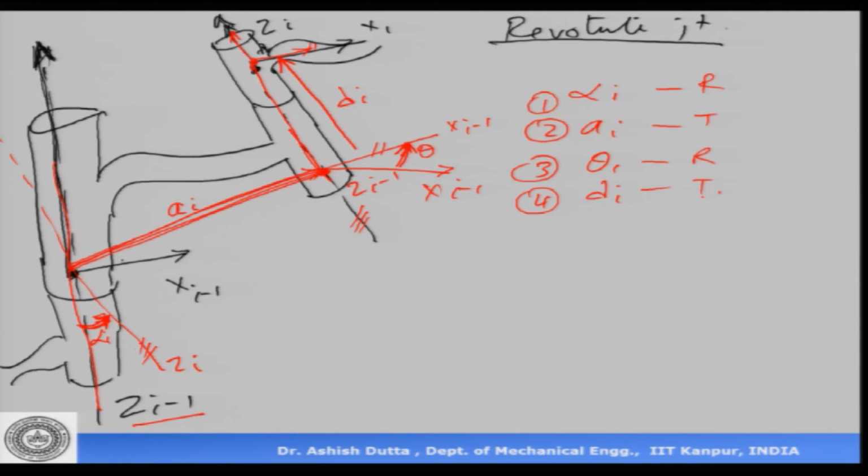So, each of these would be a 4 by 4 matrix. We can represent each of these by a 4 by 4 matrix, and if you multiply all these 4 by 4 matrices, we get a generalized homogeneous transformation matrix.